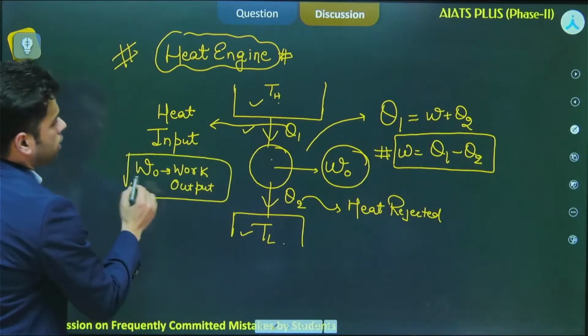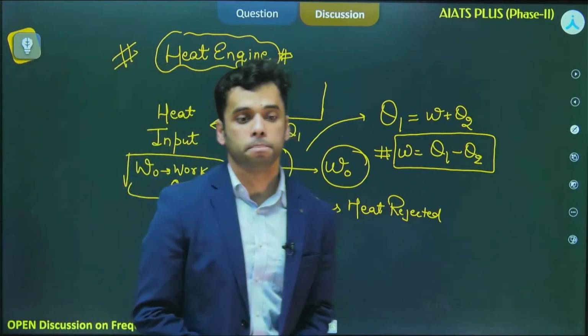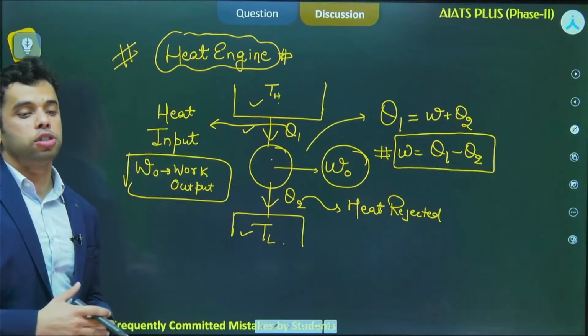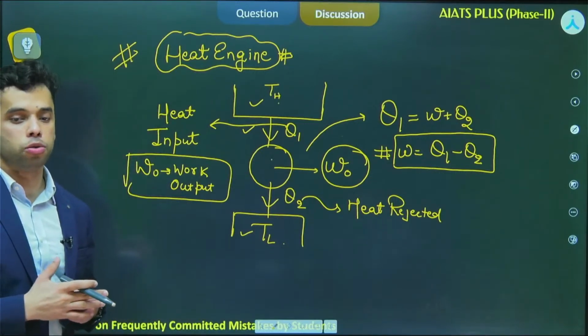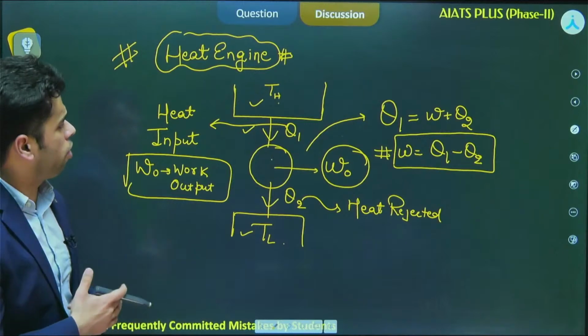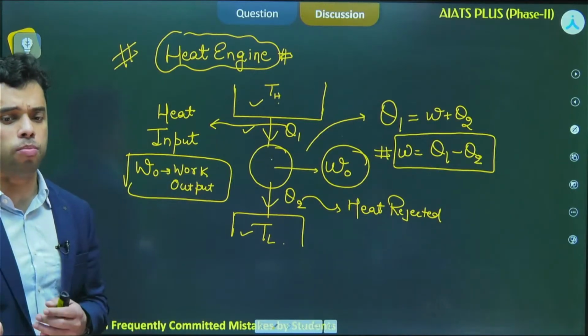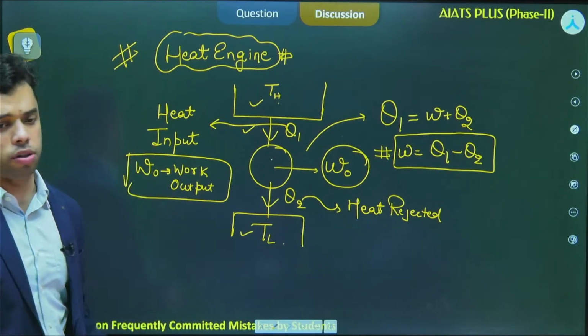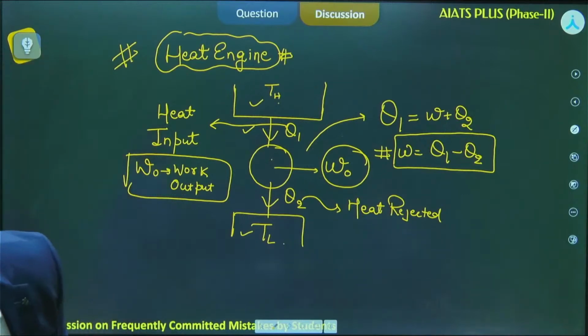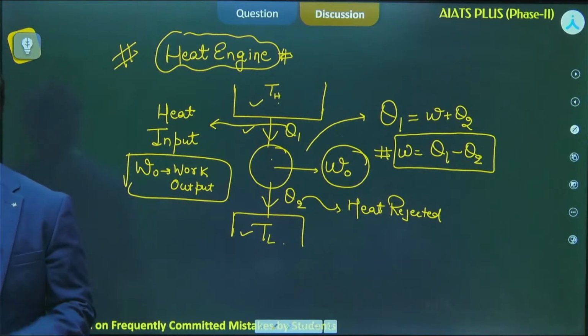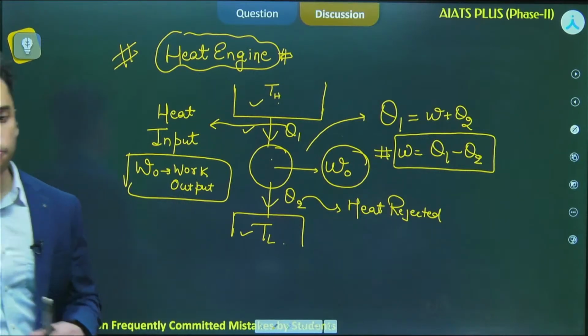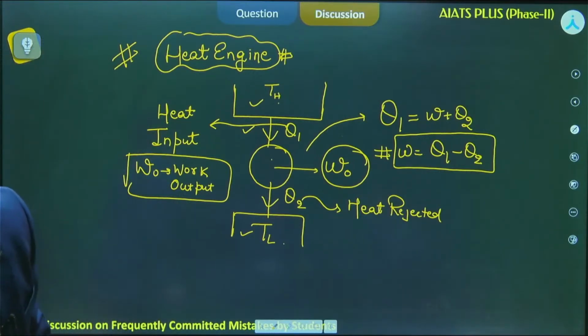Okay, any doubt in the heat engine? I'm waiting for your doubts. Put your doubt in the comment box if you have any doubt in the heat engine or the problems we just discussed before this. Okay, the comment section is dry.